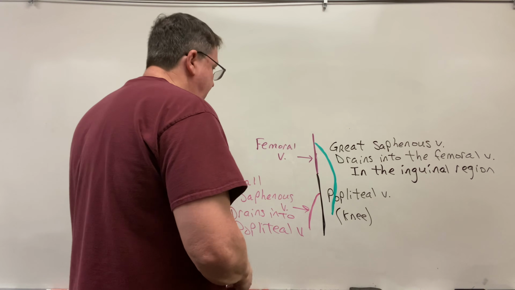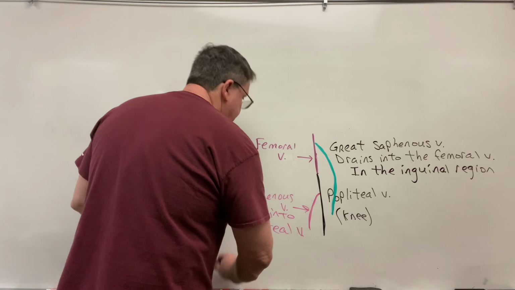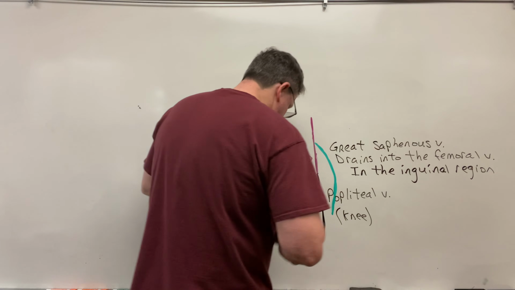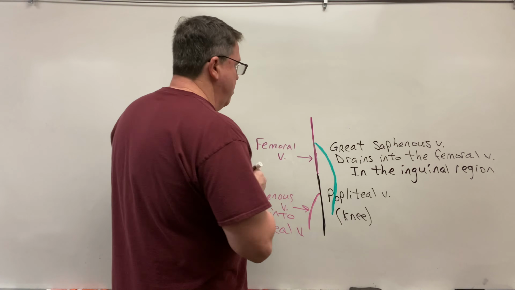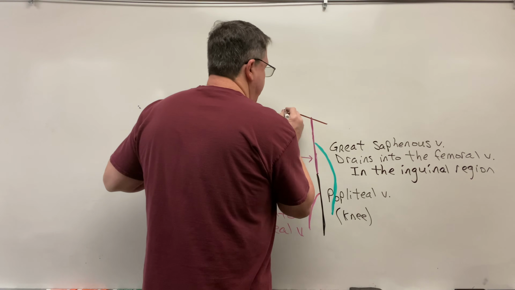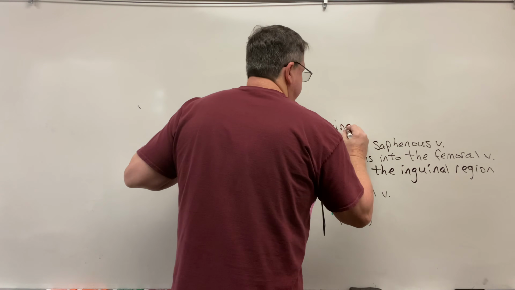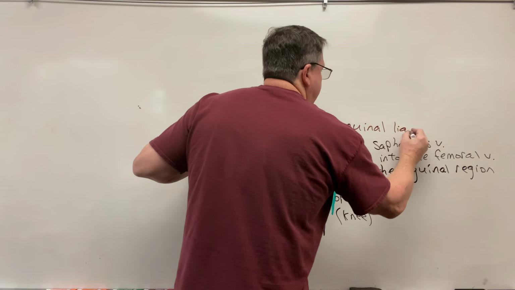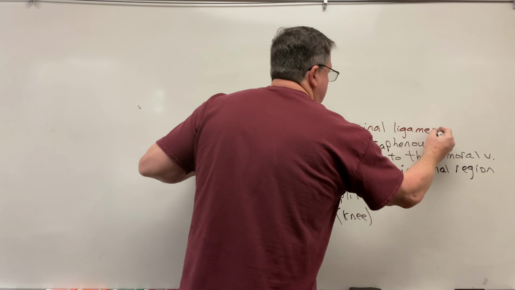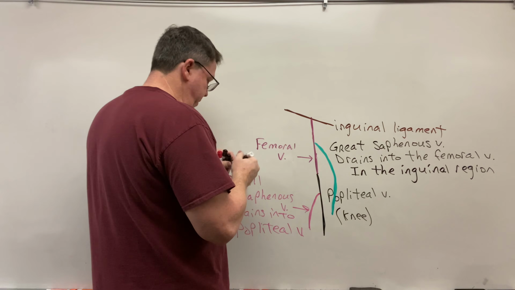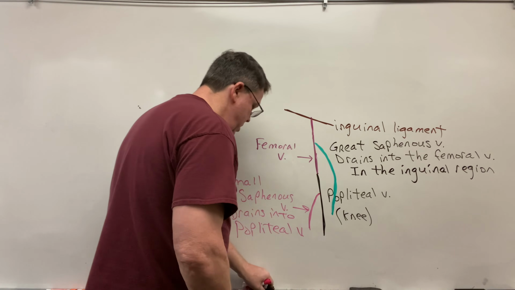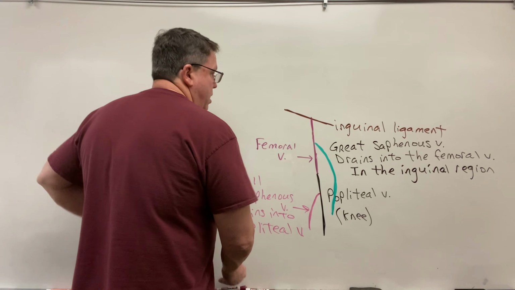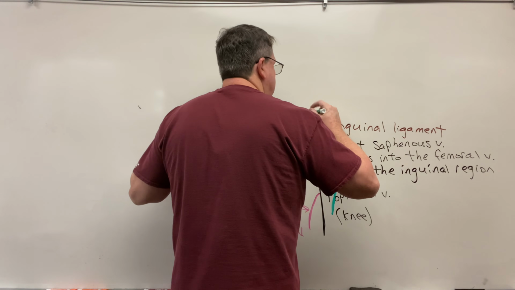Then what's going to happen is this vein is going to continue up in the inguinal region, and it's going to get to the inguinal ligament. When it gets to the inguinal ligament, this femoral vein now becomes the external iliac.